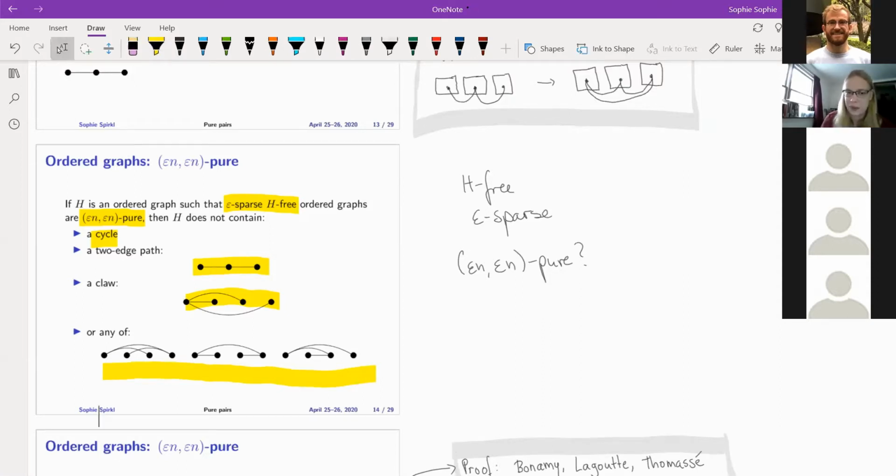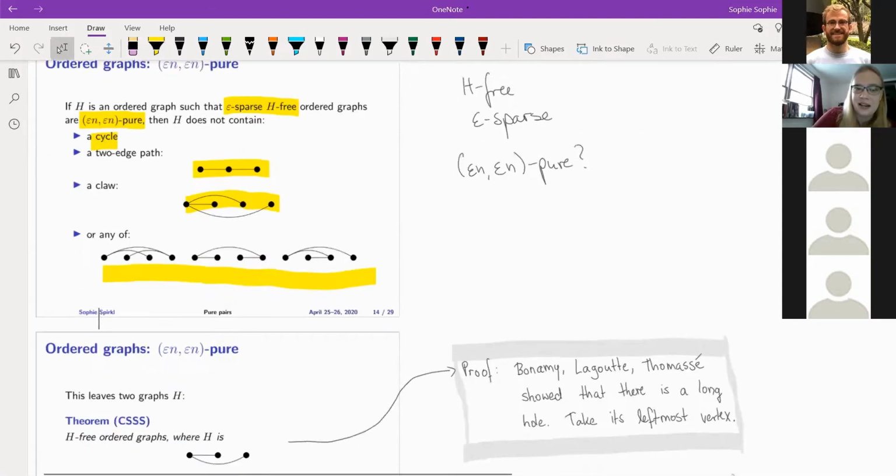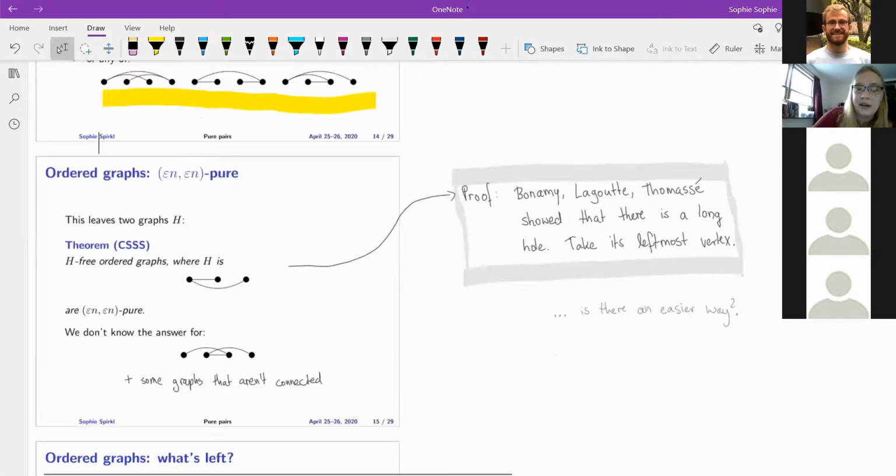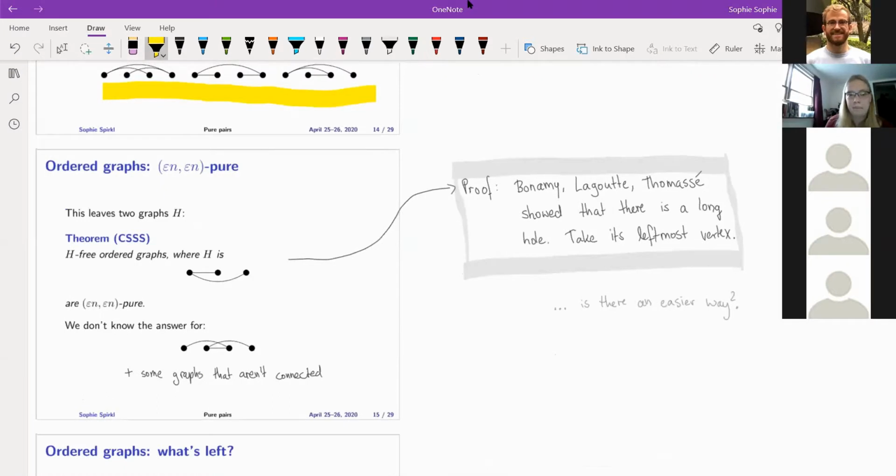So what's happening with ordered graphs? In order to get linear size pure pairs, if we're looking for excluding a connected graph H, we can do it for this one, which is not very impressive, but already is proved using a harder theorem. And we don't know about this one, and that's it.